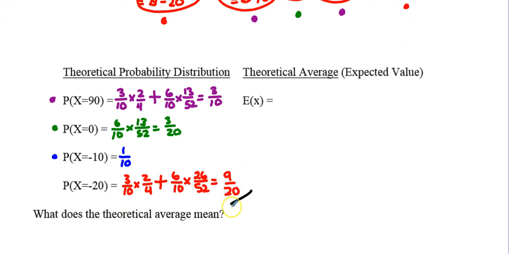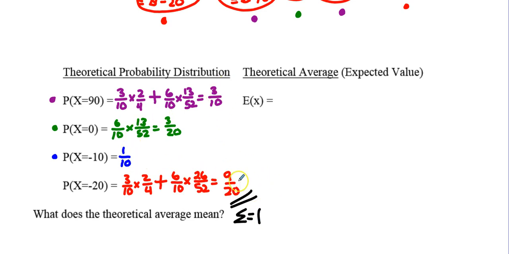And before you move on, you of course want to check to make sure that it all adds up to 1. So if you add 3 over 10, 3 over 20, 1 over 10, 9 over 20, if you make them all out of a fraction of 20, you could use your calculator, but that gives you 6, plus 3 is 9, plus 2 is 11, plus 9 is 20, 20 over 20 is 1.